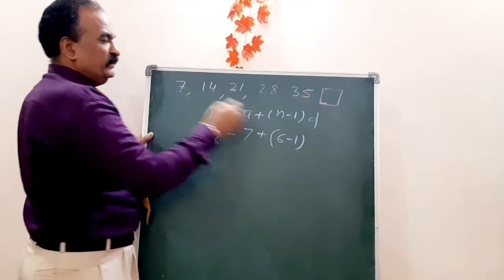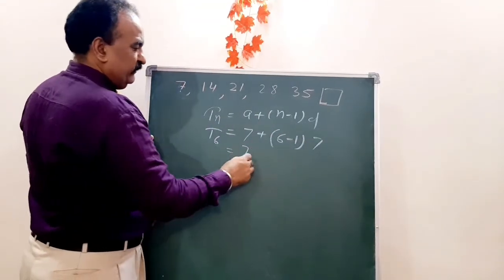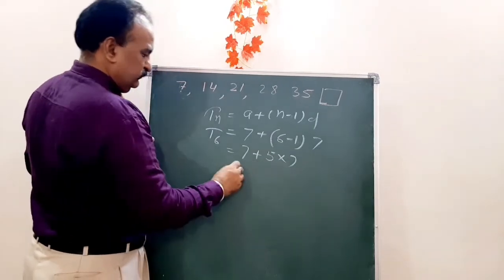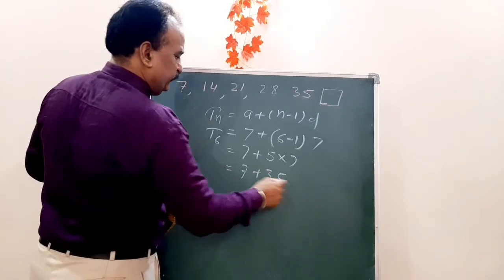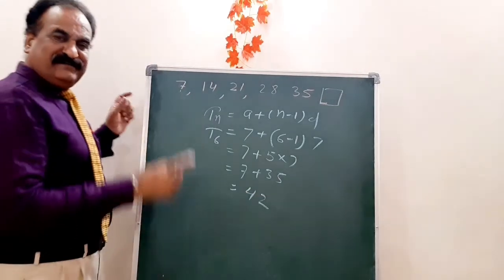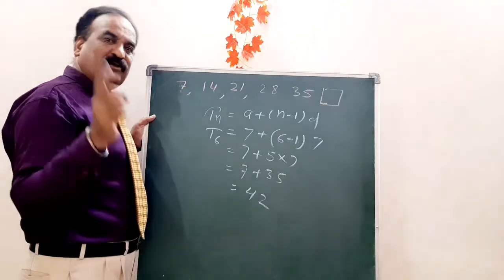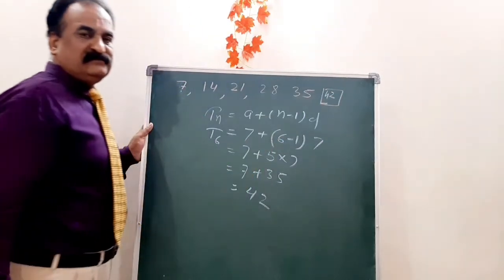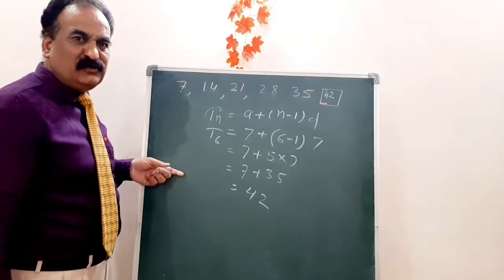The common difference is 14 minus 7, 7. So 7 plus 6 minus 1 is 5, into 7. 7 plus 35 is equal to 42. It means by the method of inspection you already got 42. The answer is 42. I hope this is clear to you.